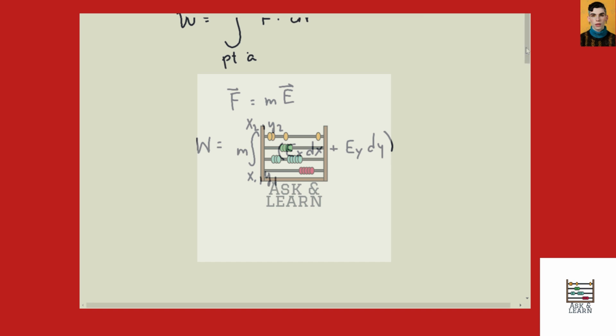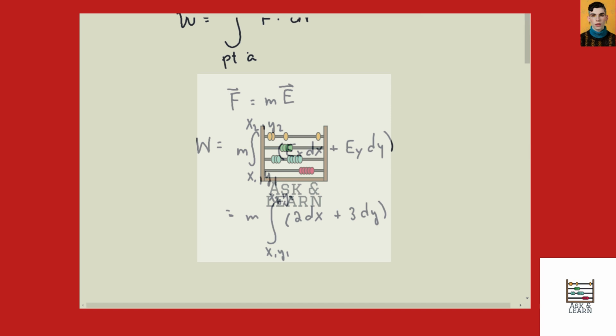Here, we're just told it is constant. So we have m times 2 dx, let me put the points up there in the limits, and plus 3 dy.